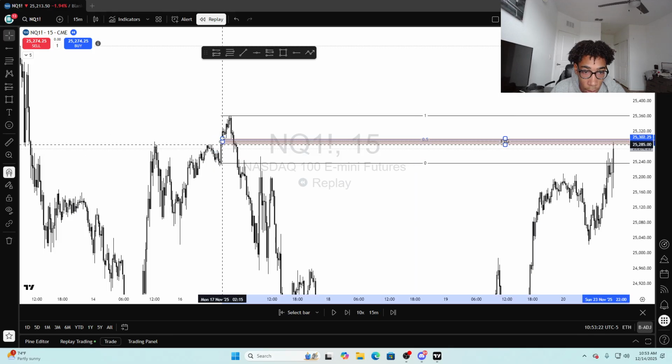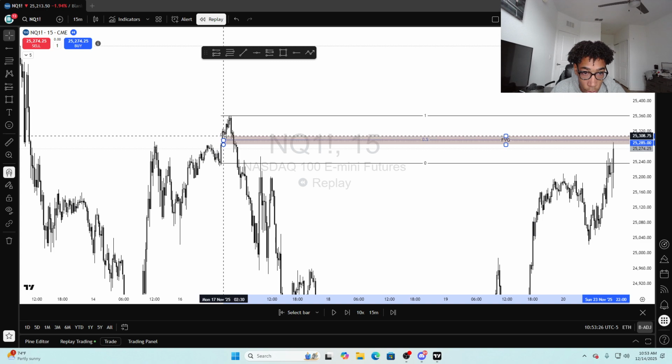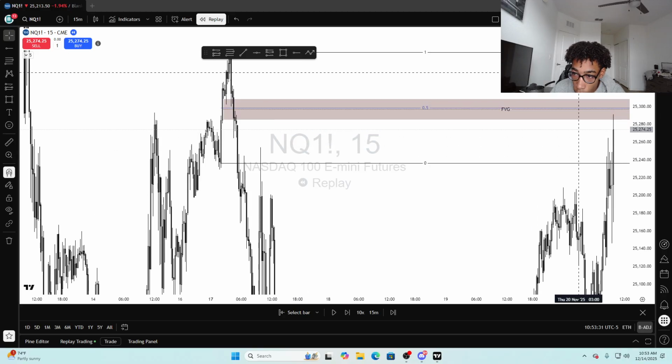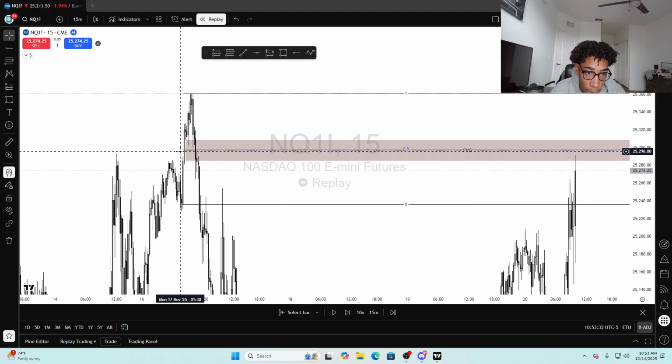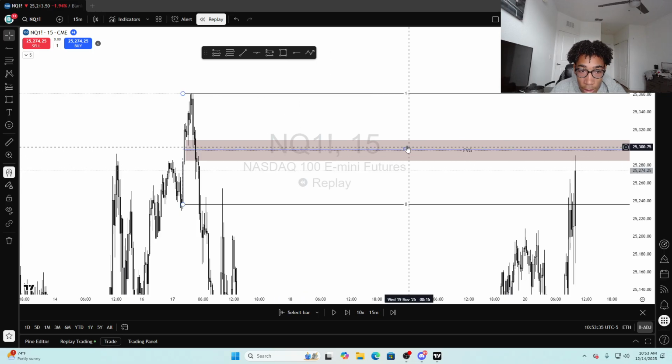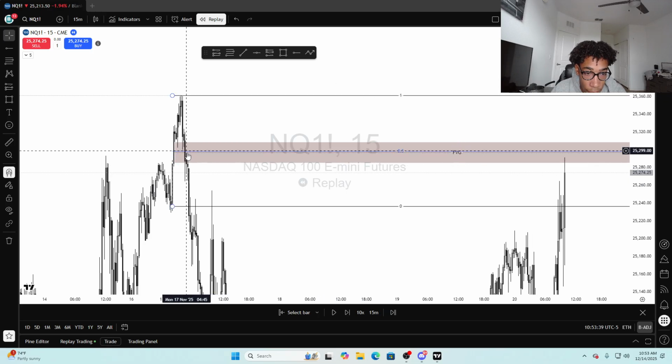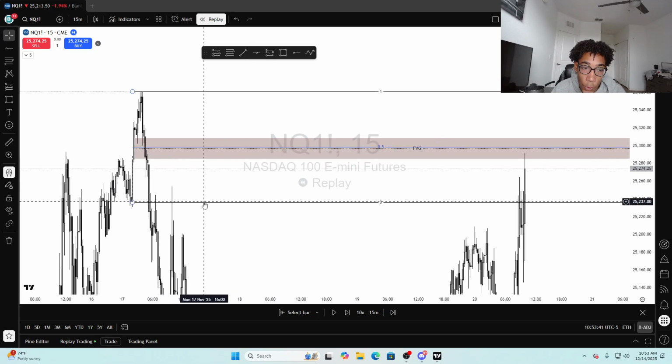So you can kind of get this stacked right here. Here's the IFEG. Right, so we have the CE of this IFEG and the CE of this rejection block that's stacked, and we have this unfilled 15-minute. So rejection blocks with PD arrays sitting inside them are your strongest rejection blocks.